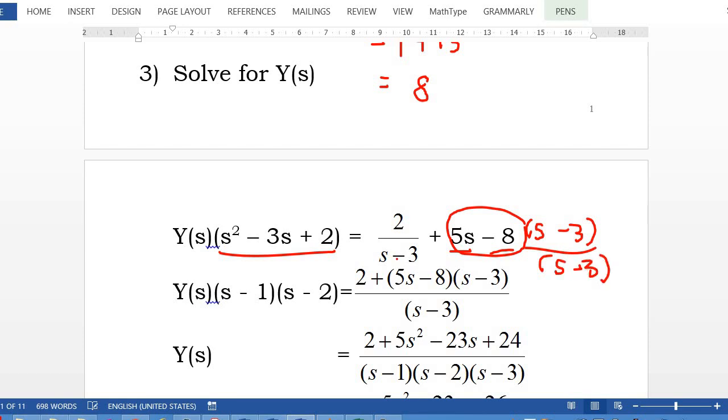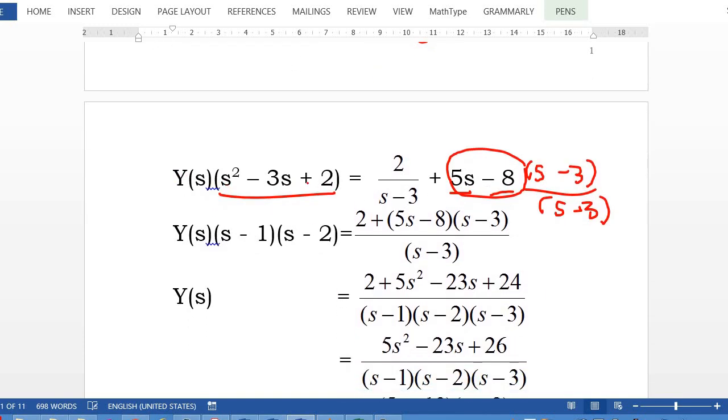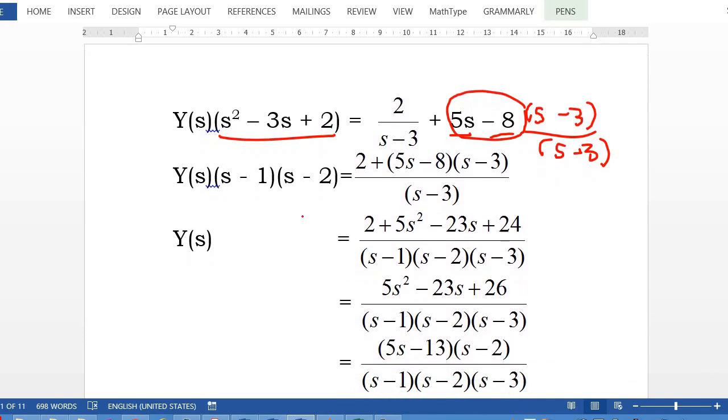With the same denominator, you can combine: 2 over s minus 3 plus the quantity 5s minus 8, making sure you have brackets, times s minus 3. On the left side, s squared minus 3s plus 2 can be factored into s minus 2 times s minus 3.